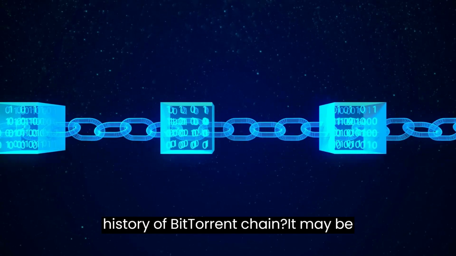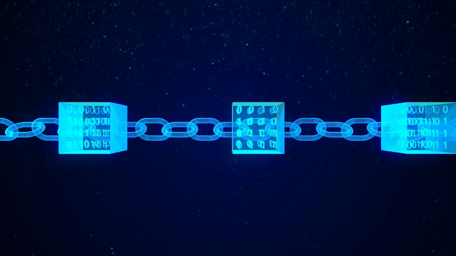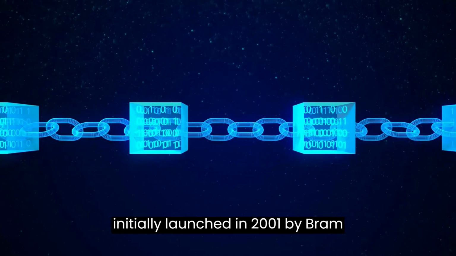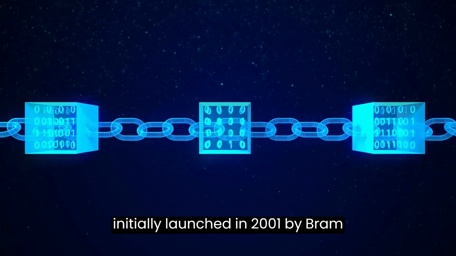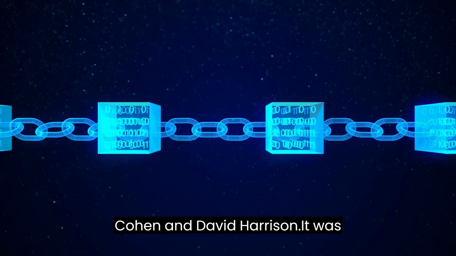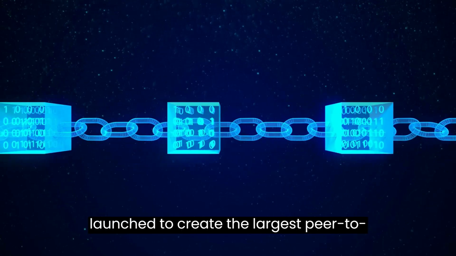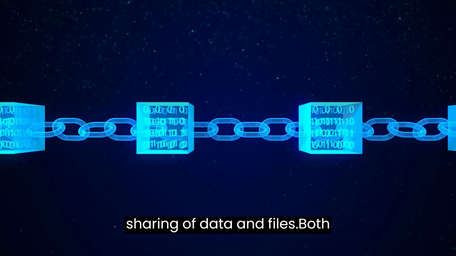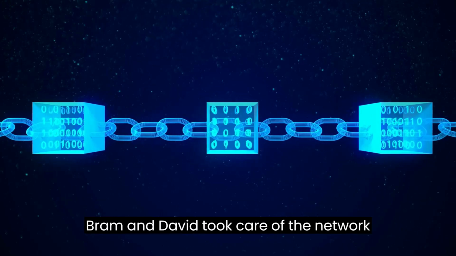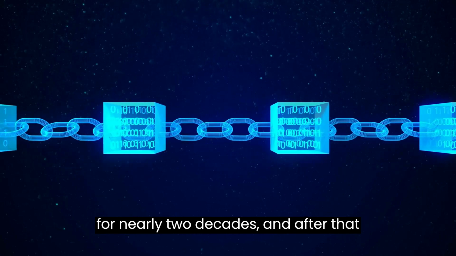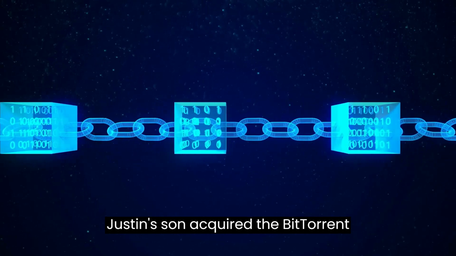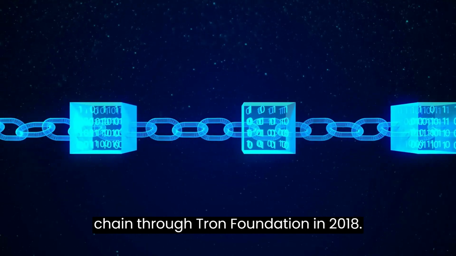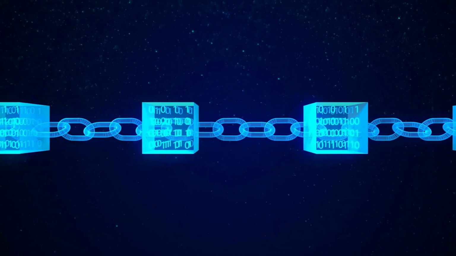What is the history of BitTorrent Chain? It may be recalled that the BitTorrent Chain was initially launched in 2001 by Bram Cohen and David Harrison. It was launched to create the largest peer-to-peer platform to enable the efficient sharing of data and files. Both Bram and David took care of the network for nearly 2 decades, and after that Justin Sun acquired the BitTorrent Chain through TRON Foundation in 2018.